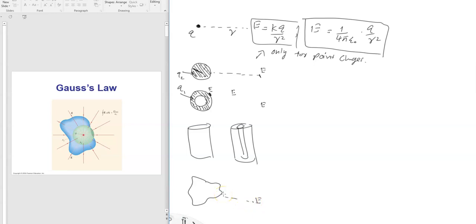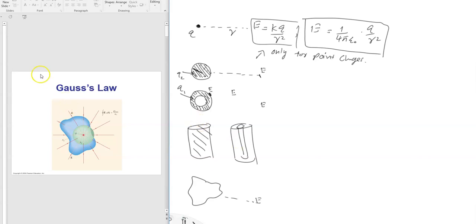So we're not going to try these things. We're going to limit our discussion to simple geometric shapes. So it will be mostly solid spheres, spherical shells, solid cylinders, and hollow cylinders, right? We will talk about how this Gauss law works.